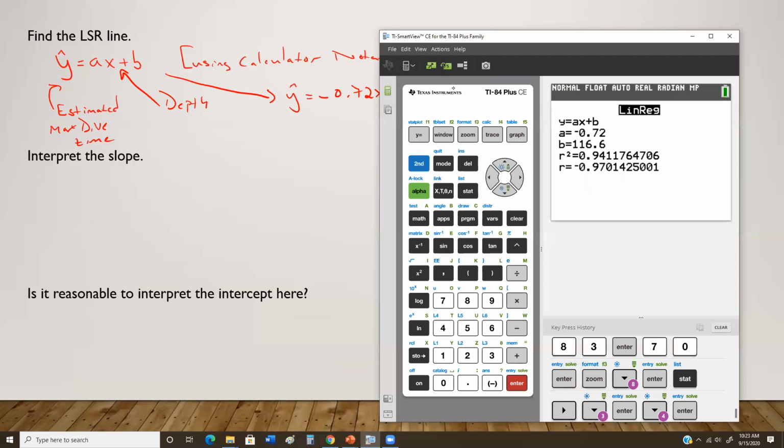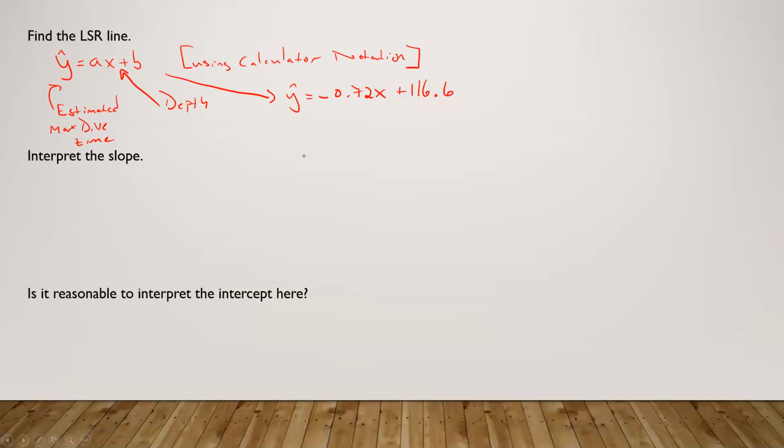Yeah, okay. So this is my least squares regression line here. So much easier, by the way, than doing it by hand. Yes, absolutely. It's 100% easier using the calculator.